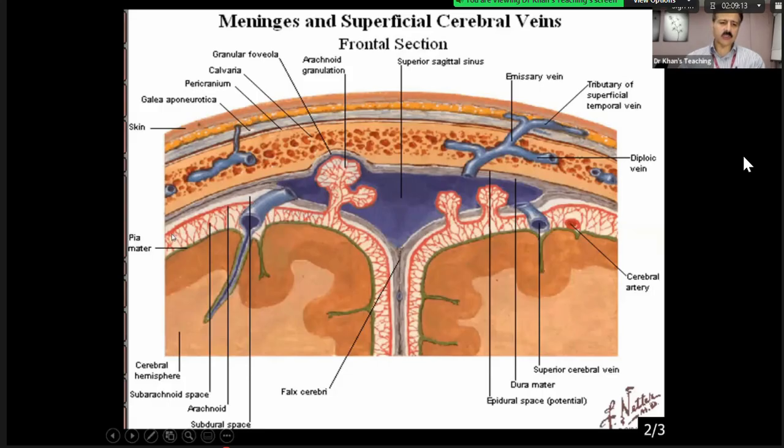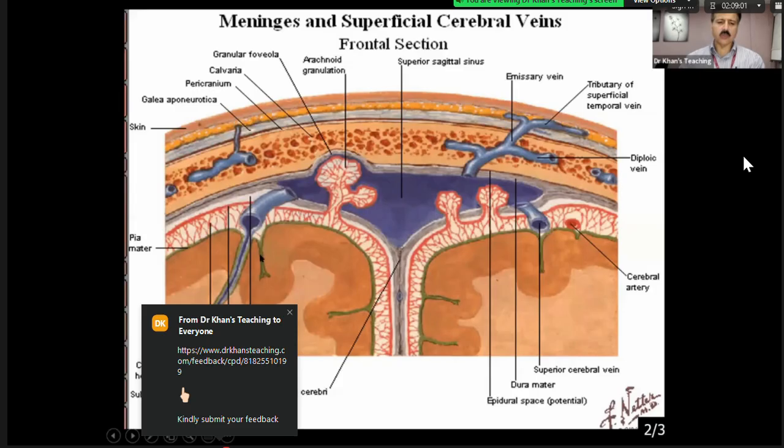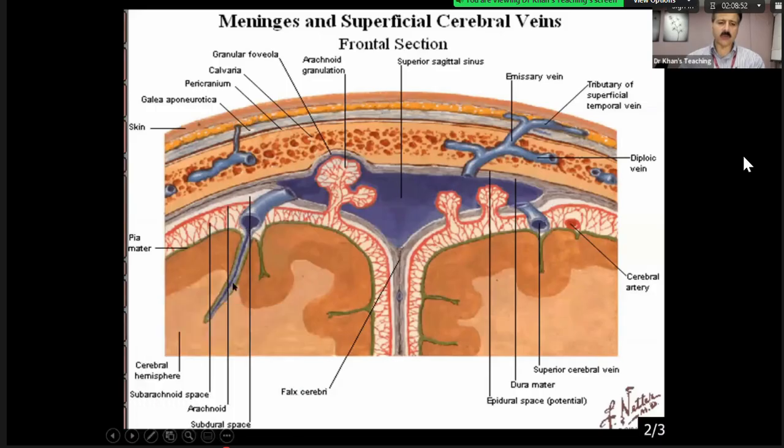Now, if you see here, this red structure is the arachnoid, and the green one here is the pia mater, which is adherent to the brain, and actually it dips into the perivascular spaces when the vessels are going into the brain. So with this concept, this is the subarachnoid space, and the subarachnoid space has got vessels.